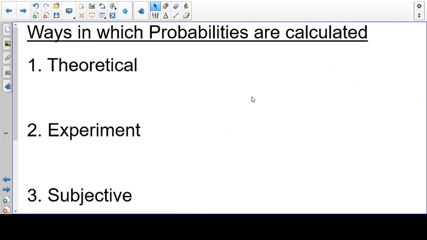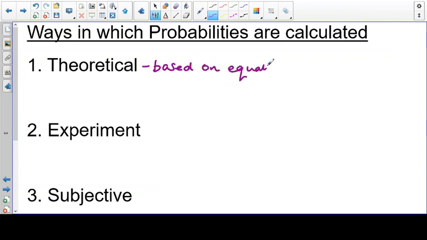There are different ways in which we can calculate probabilities, and all of these will be used throughout. You don't necessarily need to say what they are, but it's good for you to understand what the differences are. Theoretical probabilities, well, these are based on what we call equally likely outcomes.